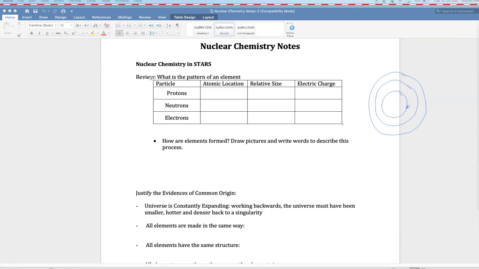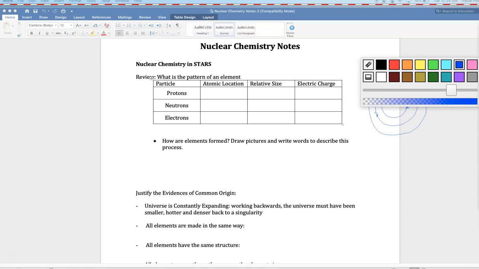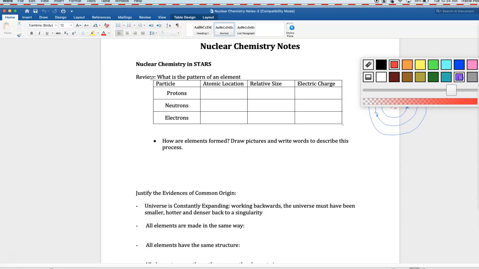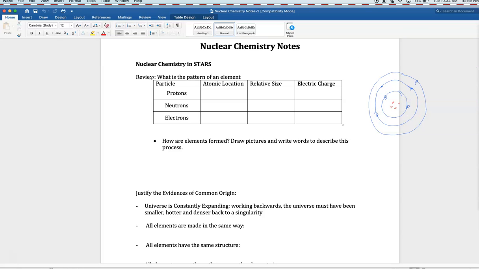You've got rings, and you have electrons on those rings. All right. And then you have a nucleus made of protons and neutrons.